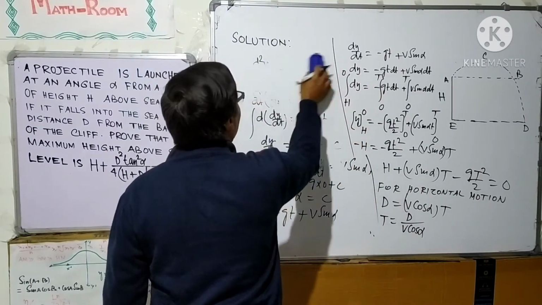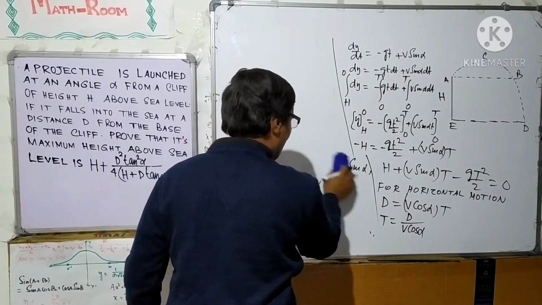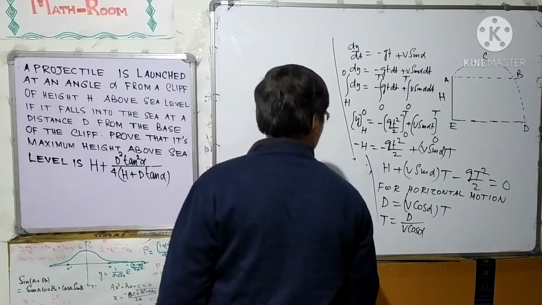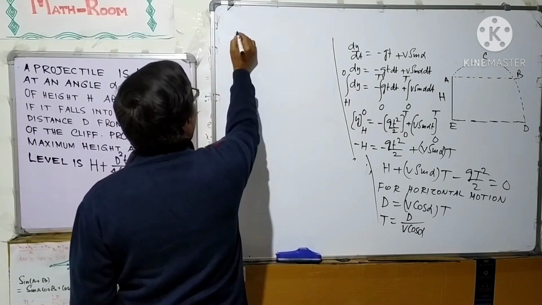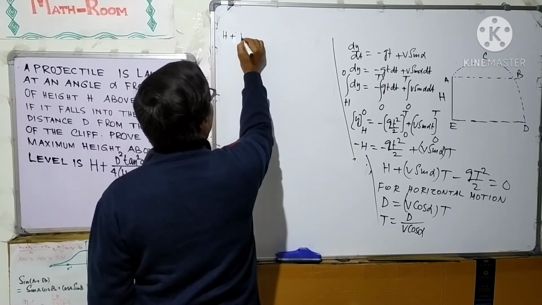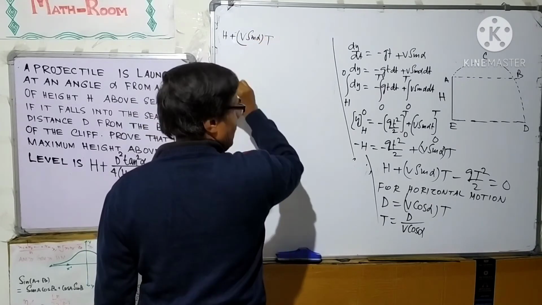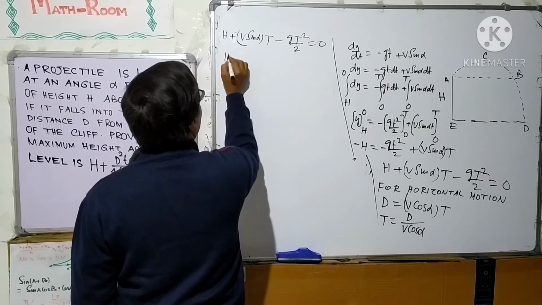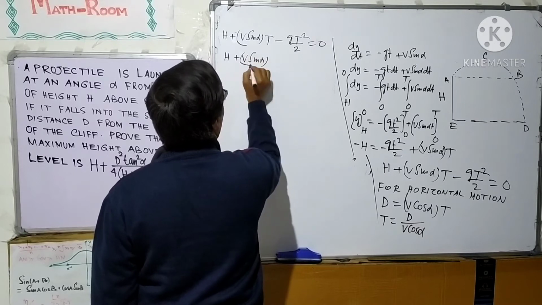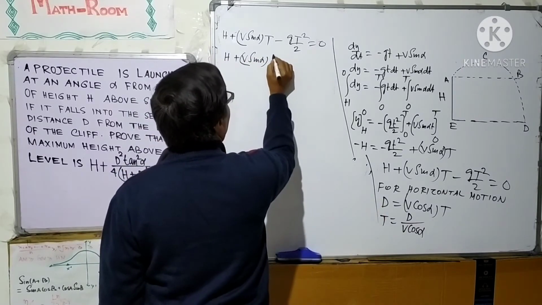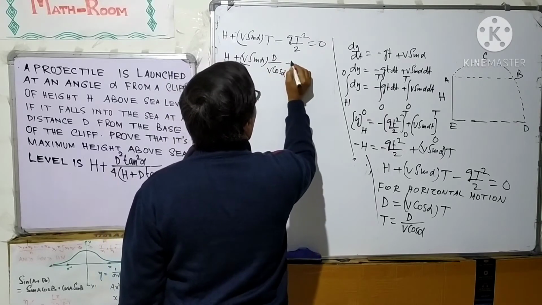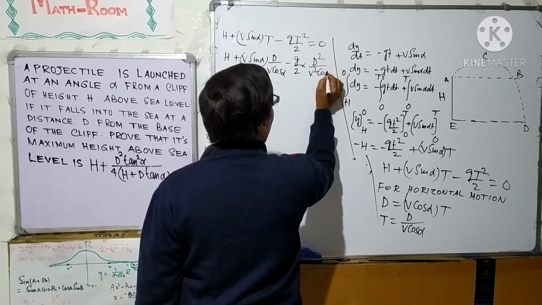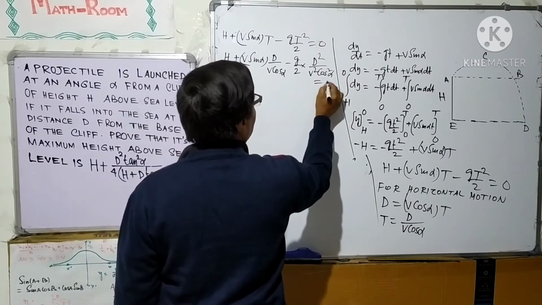So H plus v sin alpha into t, where t equals D over v cos alpha, minus g over 2 into D square over v square cos square alpha, equals 0.